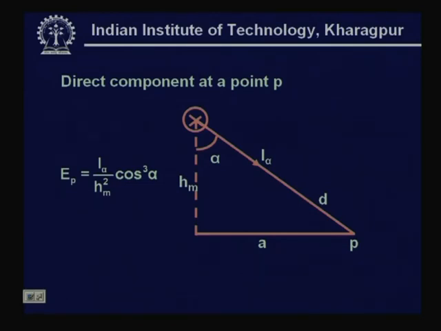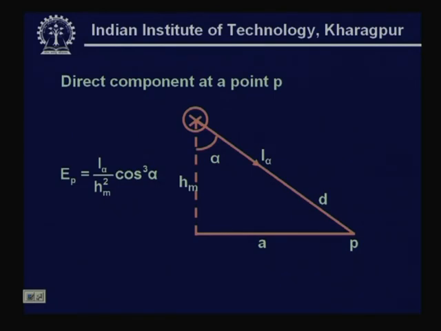Alpha is the angle subtended by the straight line from the source of the lamp to this point with the vertical, and this, when expressed in terms of mounting height, works out to be I alpha by Hm squared cos cubed alpha, where alpha is the angle, which is very clear from the picture.